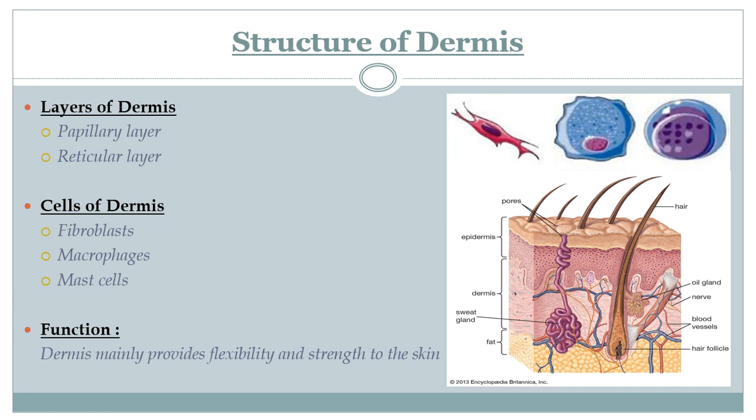Mast cells play a key role in the inflammatory processes. So this is the structure of dermis, different layers and cells present in the dermis. And the main function of the dermis is to provide flexibility and strength to the skin.